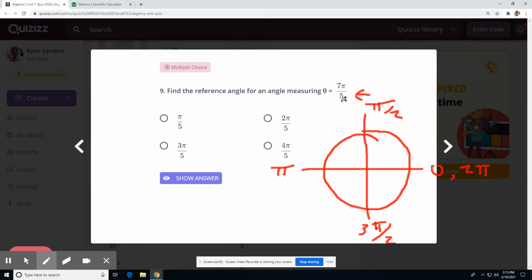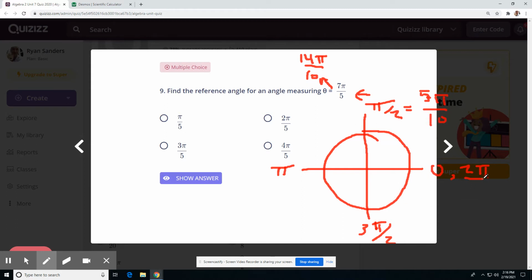All right, so we have a 5 on the bottom. So I would want to make them both 10 as a common denominator. So this angle right here would be 14 pi over 10. And then I need to make each one of these into 10. So times 5 times 5, this is 5 pi over 10.